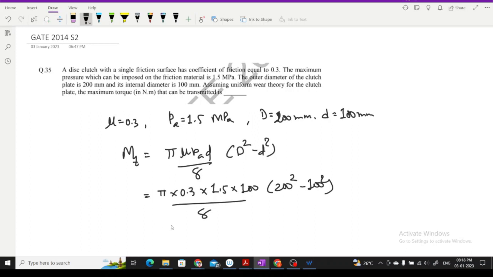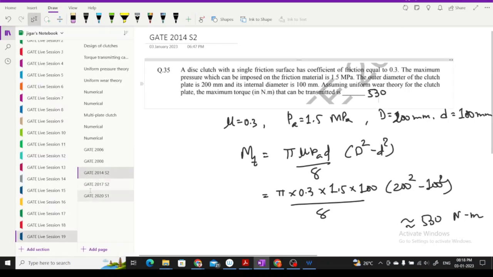So it will give you answer around 530 Newton meter. Correct? Right? All of you are getting this? Yes, sir. Okay. So then next.